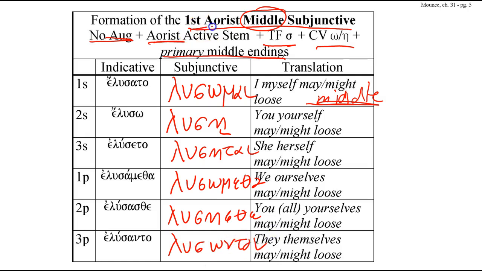Again, the aorist middle subjunctive looks just like the present middle passive subjunctive.